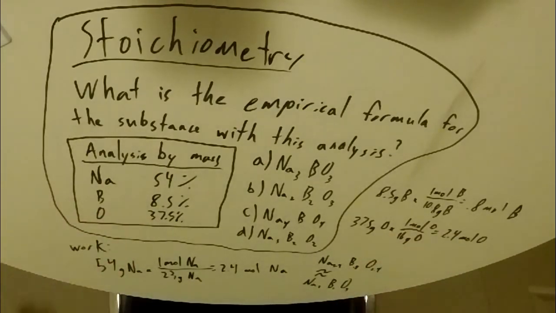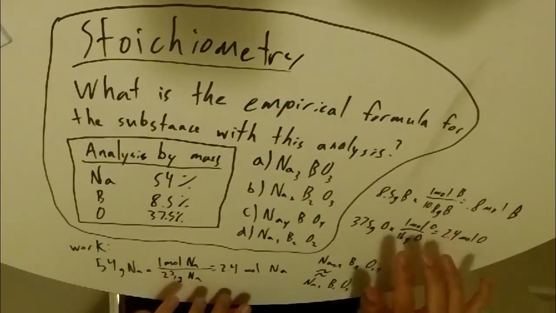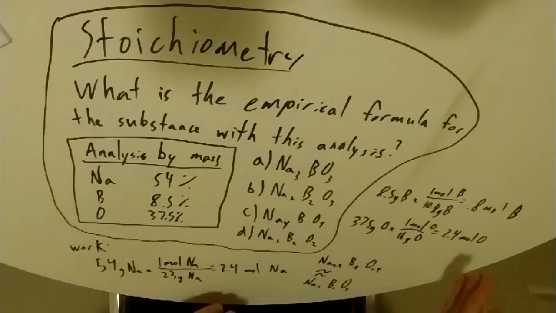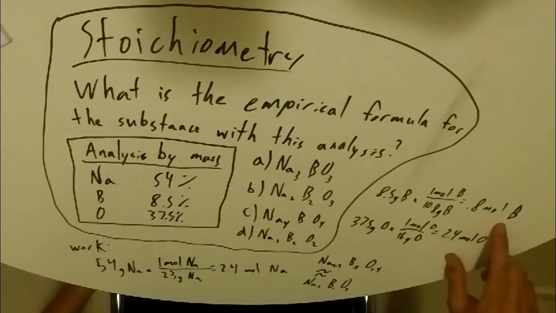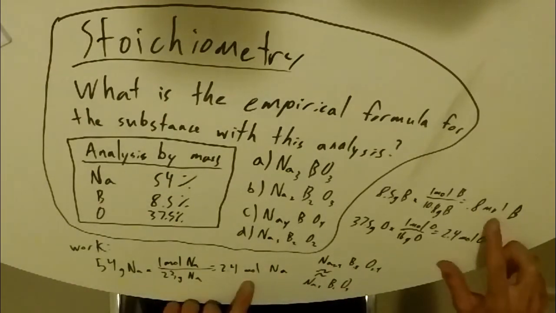So after I converted the mass to moles, I got 2.4 moles of Na, 2.4 moles of oxygen, and 0.8 moles of boron. I wrote that down here with the subscripts of the amount of moles.